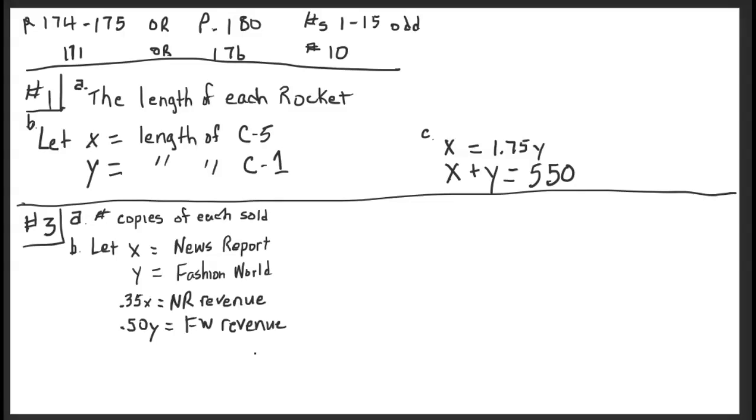Okay, so now we've done part B. We know what our variables stand for. Plus, we know what our modified variable stands for, right? So let's go to part C where we translate. What do they tell us? The combined circulation of the two was 283,500. That means if you took all of the News Report magazines, the X, and added it to all of the Fashion World magazines, the Y, it would equal the 283,500.